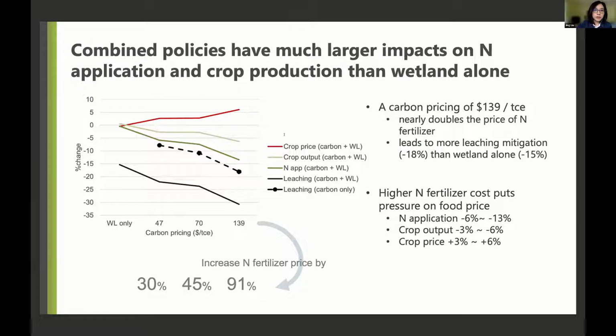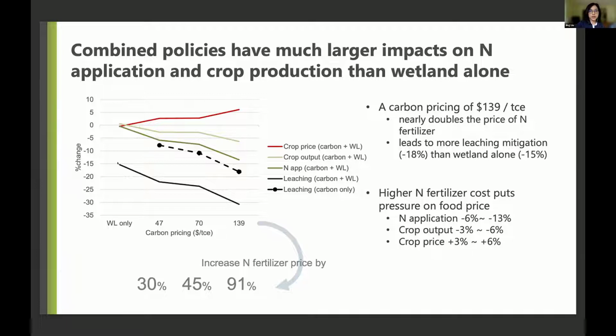To look at some results, the first one we want to look at is at the national level. We find the combined policies have a much larger impact on nitrogen application and crop output than the wetland alone. If you look at the left-hand side, the dots are the wetland only from our previous study that doesn't include the carbon pricing.